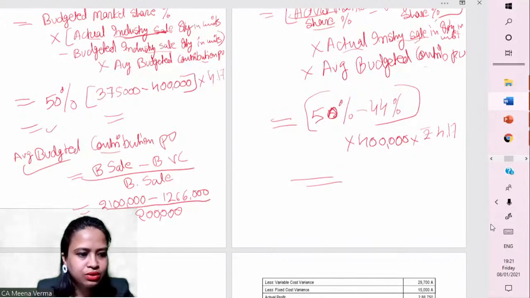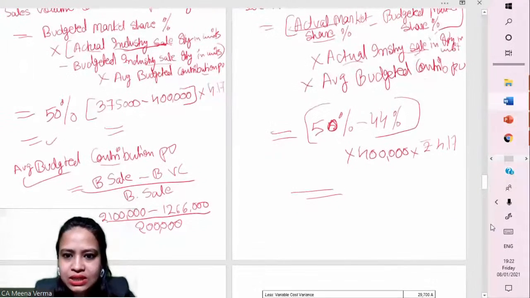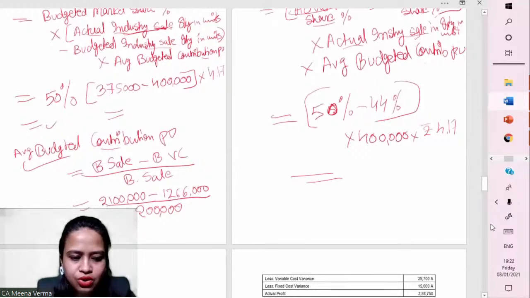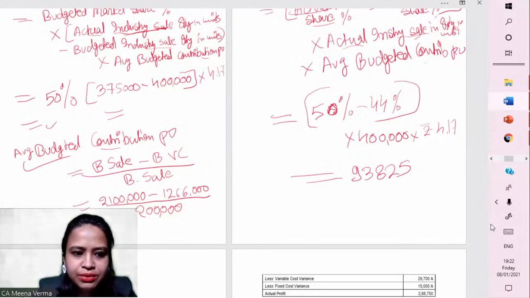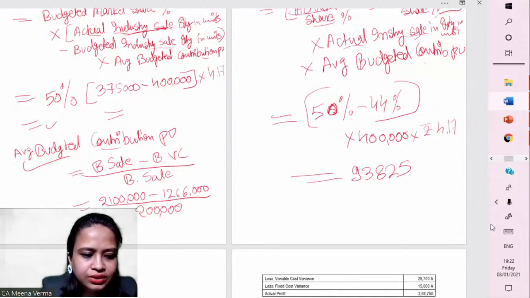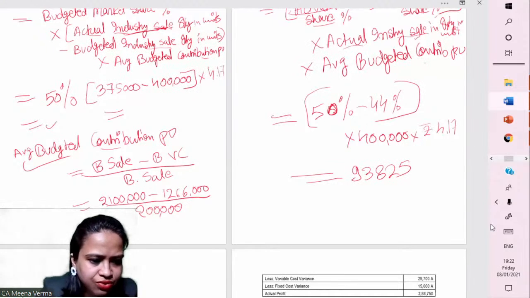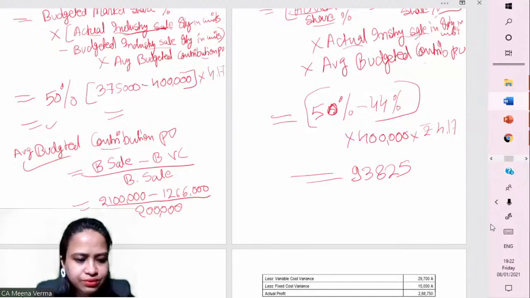Okay, Raman, I want other students also to give me the answer. Sales volume contribution operation variance, this is 93825 as given by Raman. And this is different from Anjali. Why?